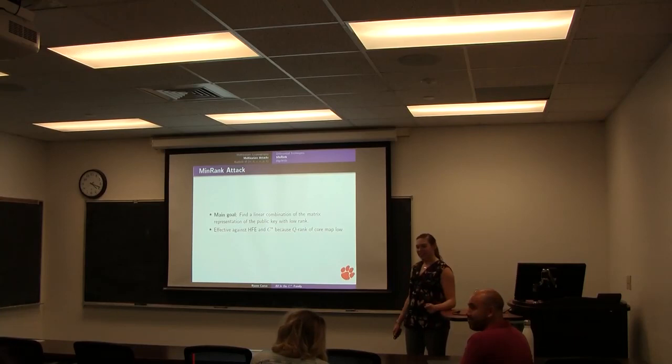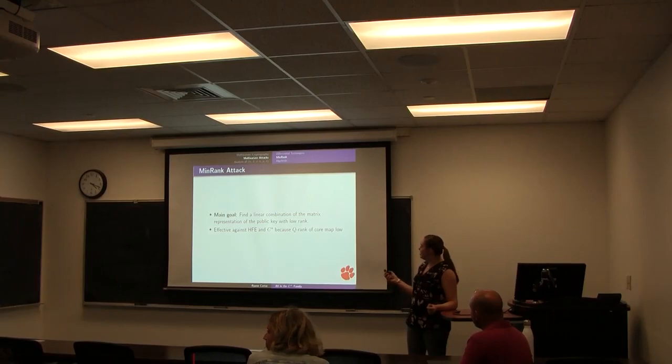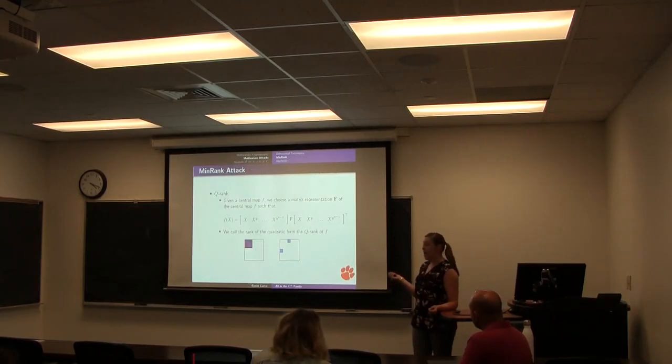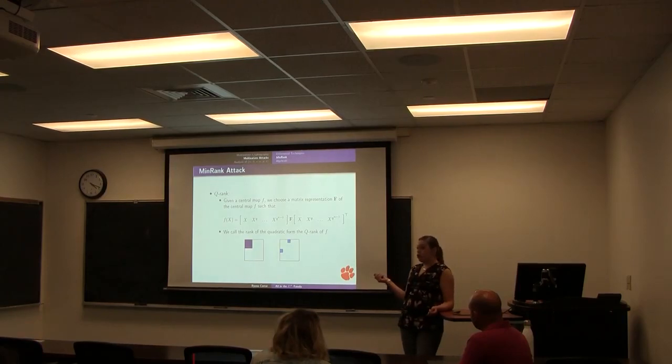Yes? So the attack would have to find the capital F in the middle on the last slide? It wants to find, so we know that this capital F has low rank. So we want to find a linear combination of the public key that we could then use to find an equivalent key to that capital F. Okay.